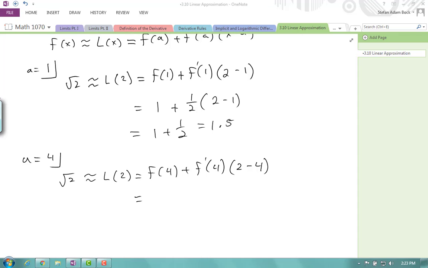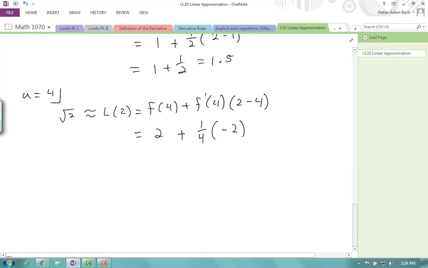Well, the square root of 4 is 2, plus 1 over 2 times the square root of 4 is 1 over 4, times 2 minus 4, which is negative 2, which is equal to 2 minus 2 over 4, which is 1 half, and I get the same value. I get 1.5 again. So my question is, can I do any better to estimate the square root of 2? And the answer is actually yes.